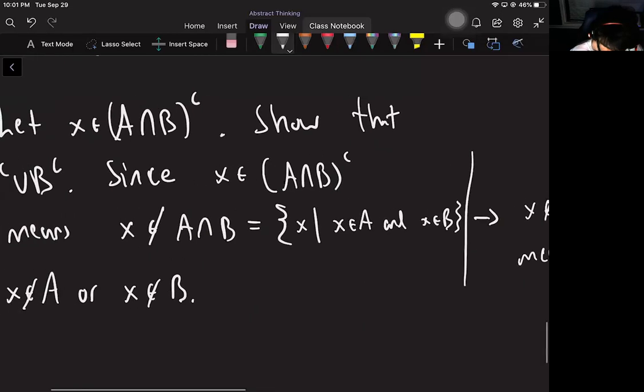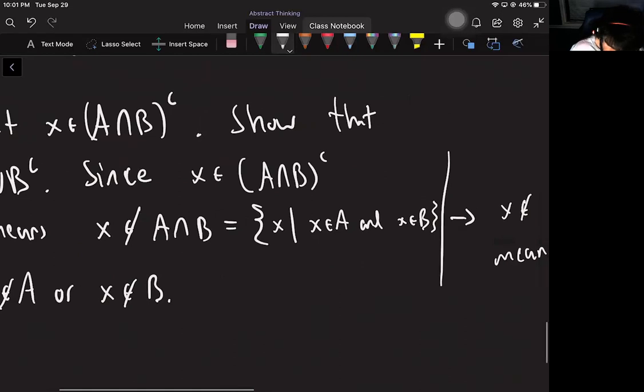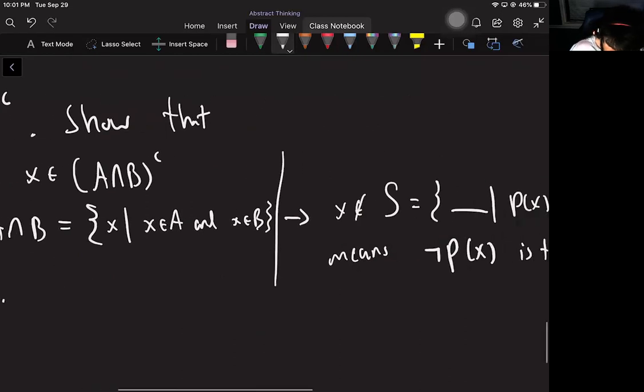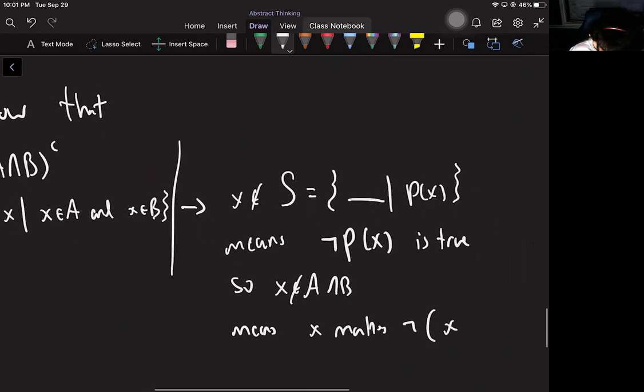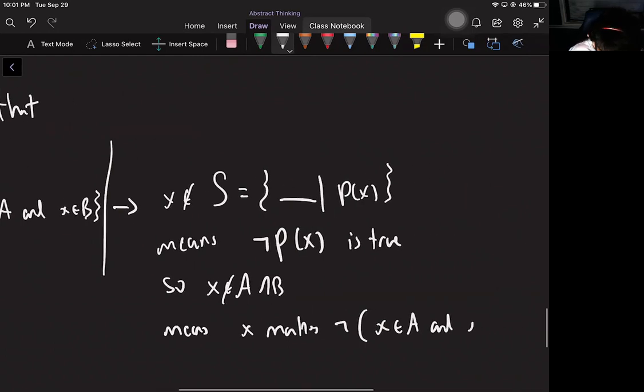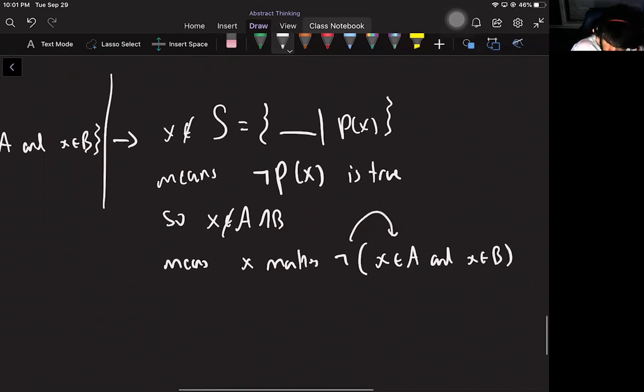And so the negation of this is that X is going to not be in A, or X is going to not be in B, because that's how negation distributes through logical statements.